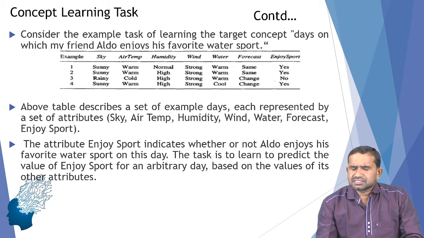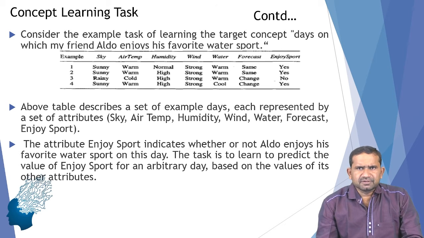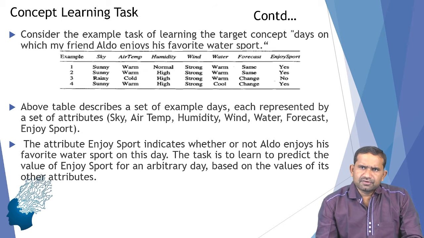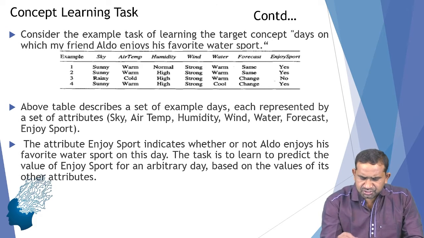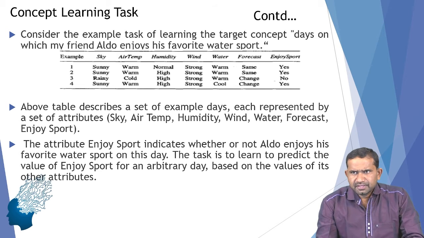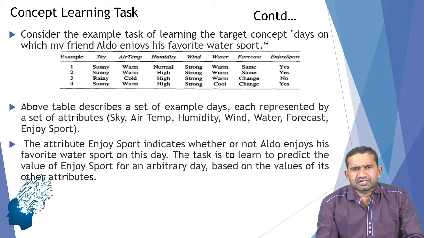Why? Because the sky is sunny, some heat is there. Air temperature is somewhat warm, humidity is also high, water is also warm, and the forecast is the same. So automatically, based on these 6 attributes and 6 attribute values, we define for the first day whether he enjoys the water sport or not.